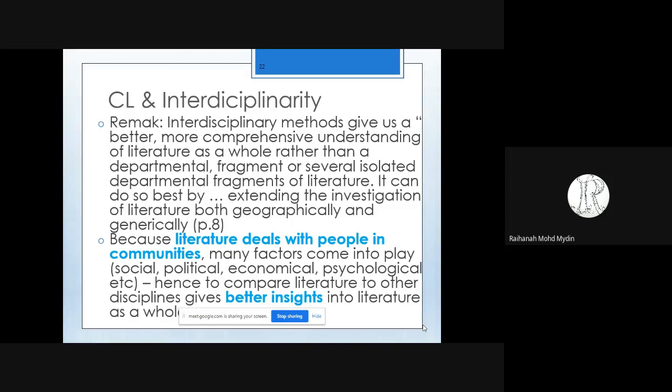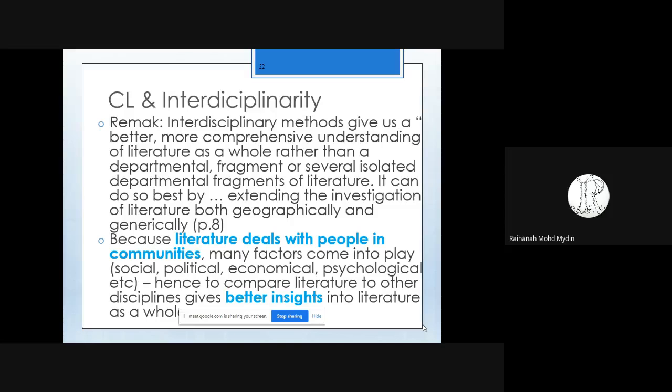So when we talk about interdiscipline, you're looking at cultural studies, sociology, maybe even political studies, maybe even law, maybe even media studies. Because it involves people and communities, you cannot disregard these other disciplines where people and communities are being studied. Psychology, economy, right?